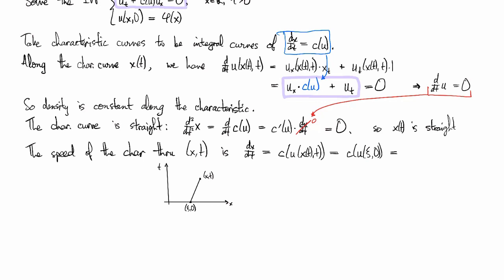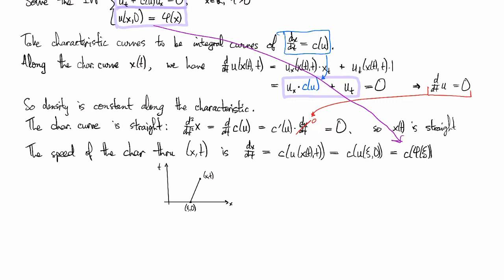And if we go back to our initial condition, then it turns out that that is going to give us c of phi of xi.